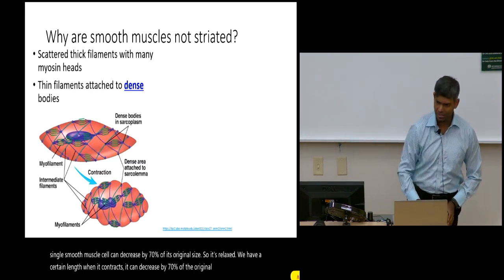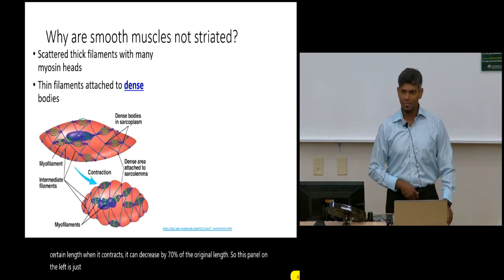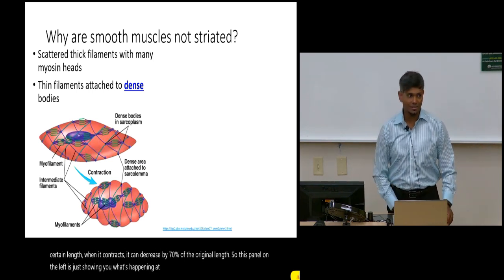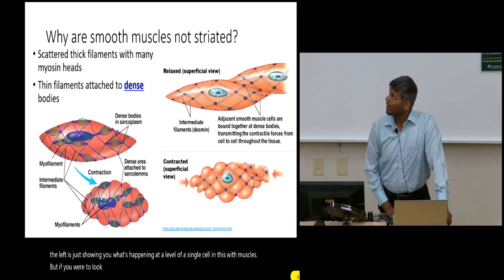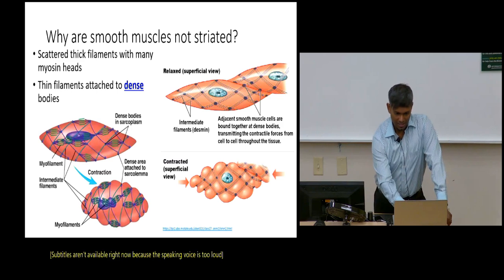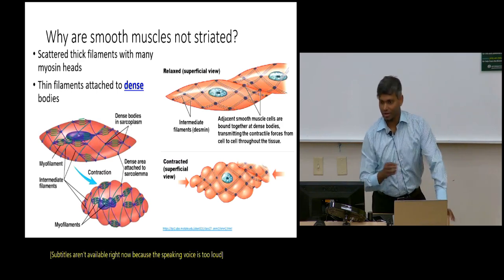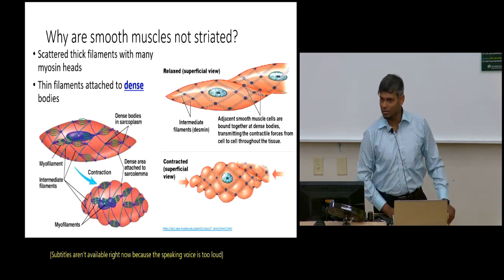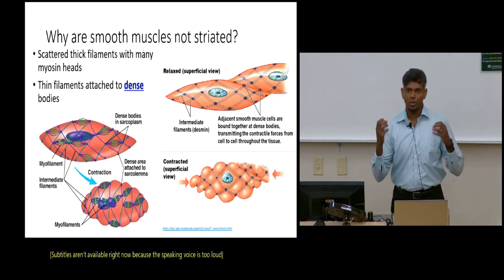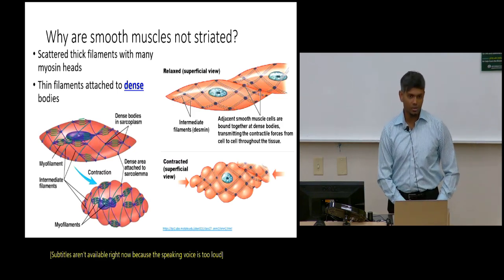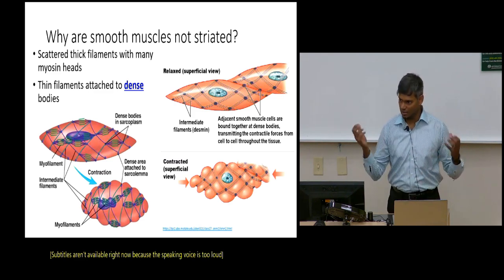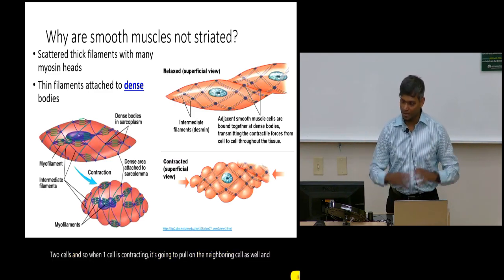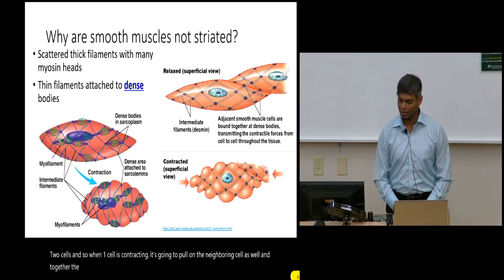So this panel on the left is just showing you what's happening at the level of a single cell in the smooth muscles. But if you were to look at the panel on the right, we see that these dense bodies, they are connected even between the two cells, right? And so when one cell is contracting, it's going to pull on the neighboring cell as well, and together the entire tissue will contract when it receives the stimuli.